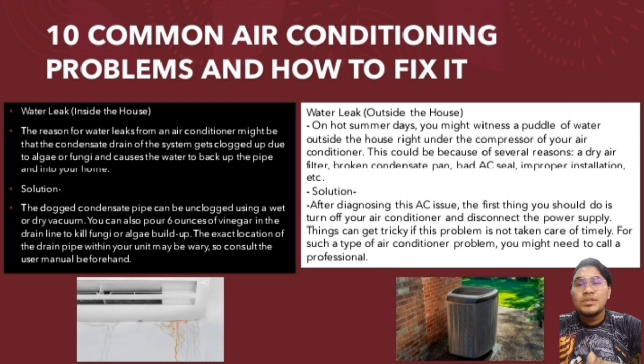So the solution, after diagnosing this AC issue, the first thing you should do is turn off your air conditioner and disconnect the power supply. Things can get tricky if this problem is not taken care of in time. For such a type of air conditioner problem, you might need to call a professional technician to repair this problem.